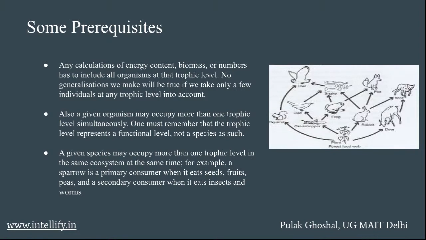For example, a sparrow is a primary consumer when it eats seeds, fruit, and peas, and a secondary consumer when it eats insects and worms. Humans also come in this category, and omnivores as well.